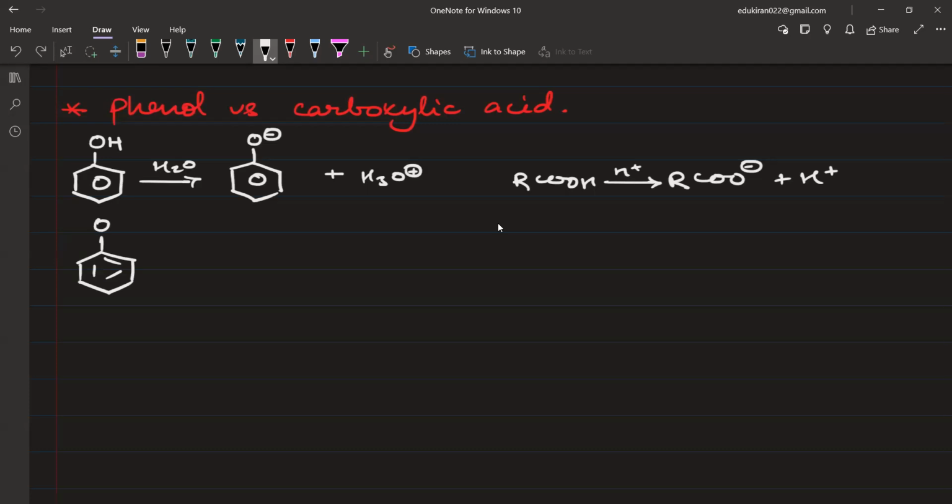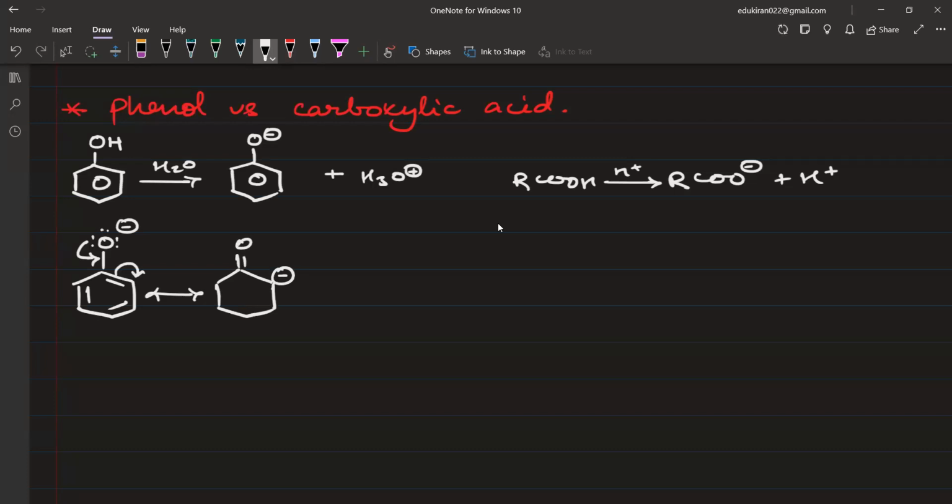Now, if I draw the resonating structure of not phenol, rather phenoxide ion. Wait a second. You will get double bond O, get the negative charge here.